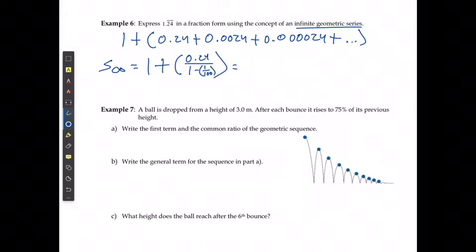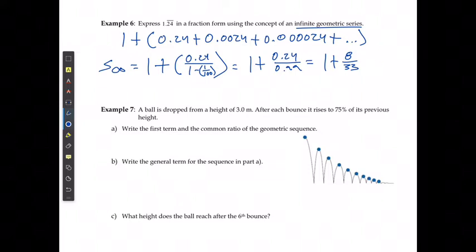This would be the same as 1 plus 0.24 over 0.99, which as a reduced fraction would be the same as 1 plus 8 over 33.